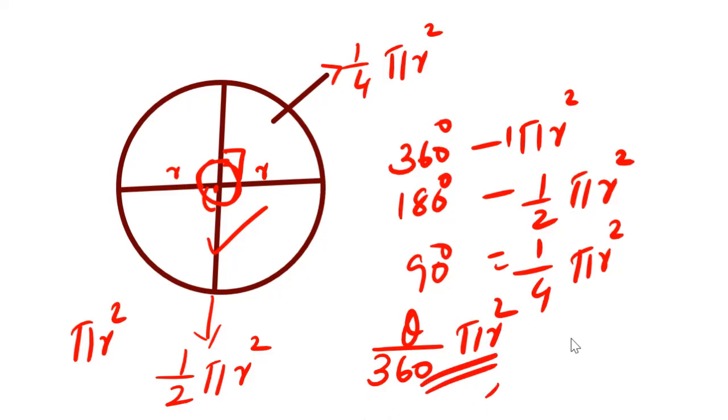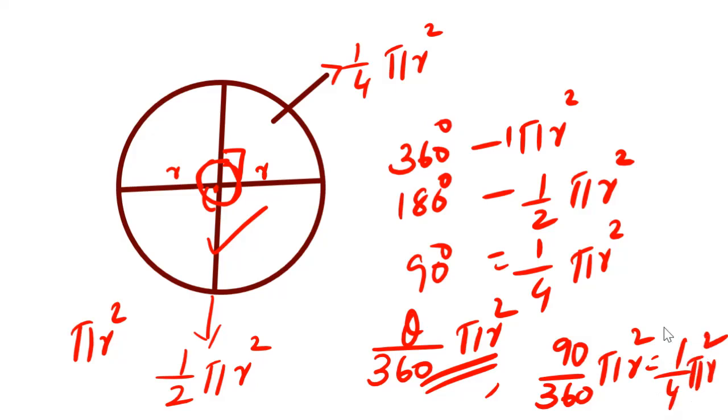For example, 90/360 pi r square is equal to 1/4 pi r square, the way we just got.